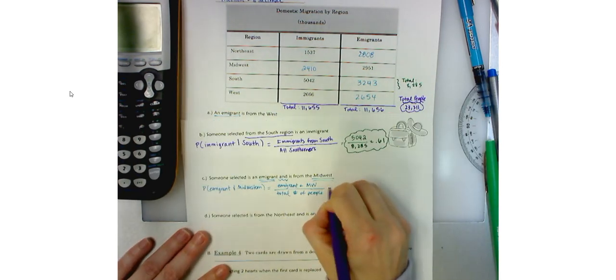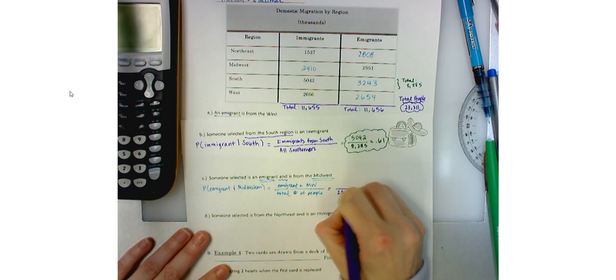Okay, so that's what we're going to have in the denominator, 23,311. So if they're an immigrant and from the Midwest, we're going to find that box. So immigrant, Midwest, 2,951.